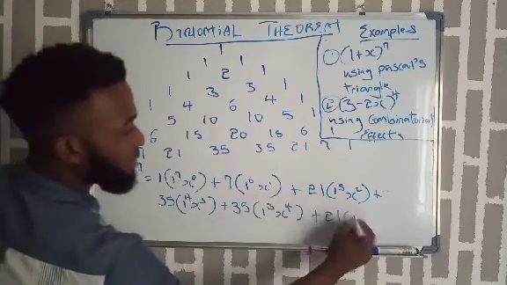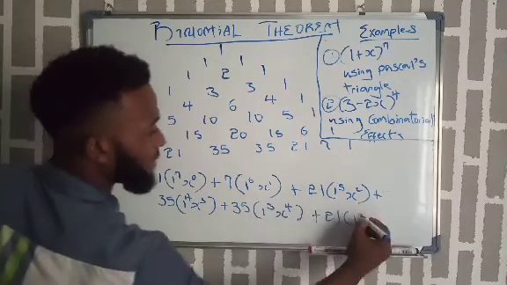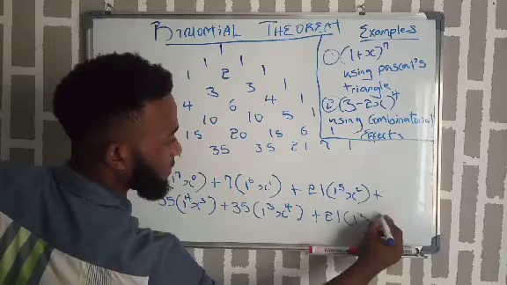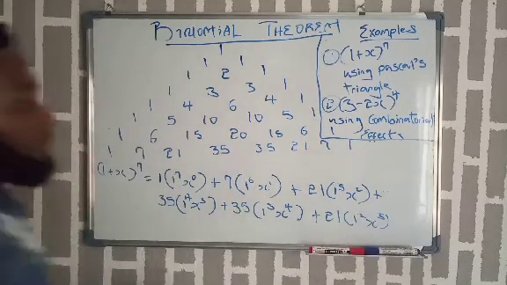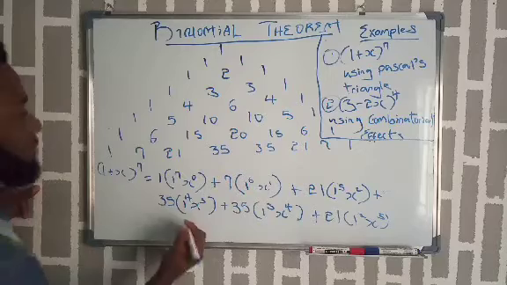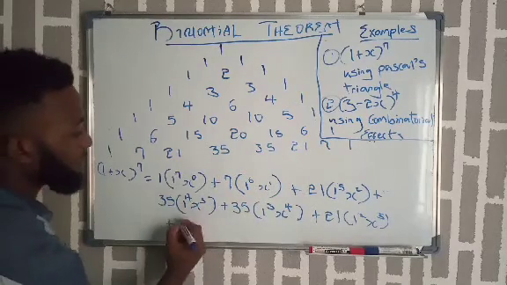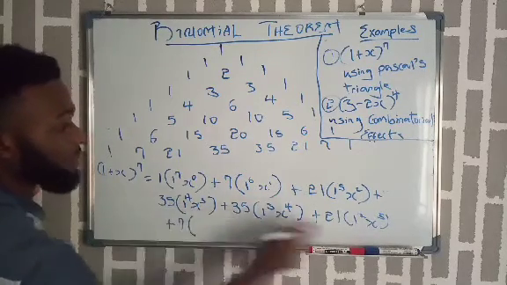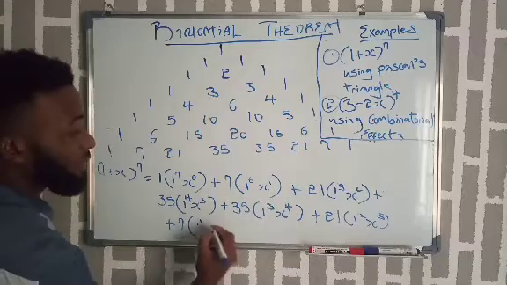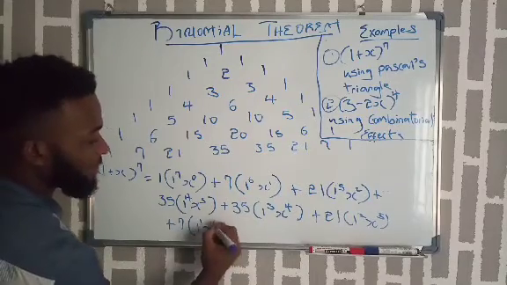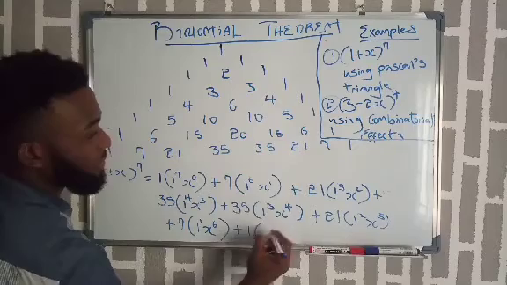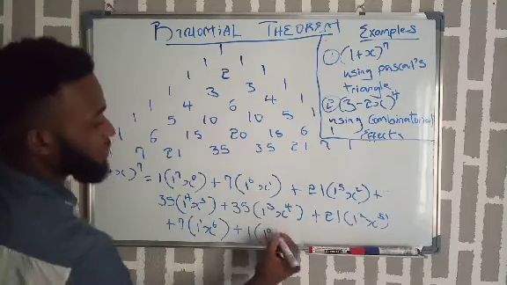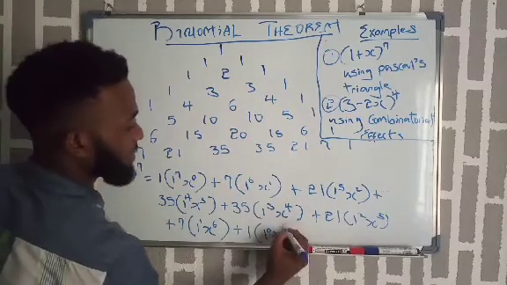Now 1 reduces to 2, x increases to 5. And then 7. Now 1 reduces to 1, then x increases to 6. Then plus this one now, then 1 reduces to 0, then x increases to 7.